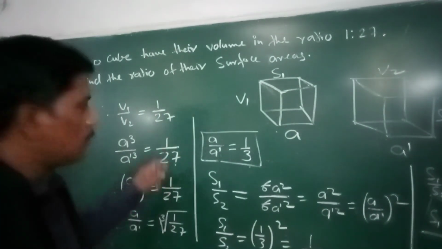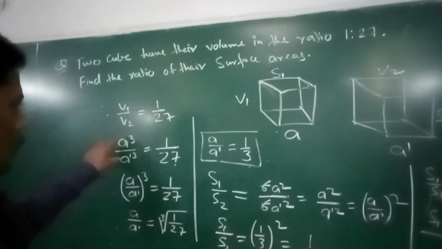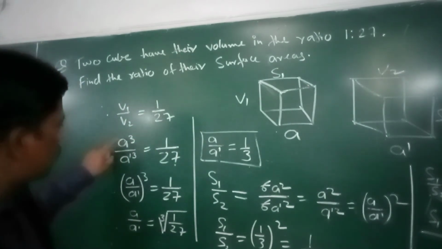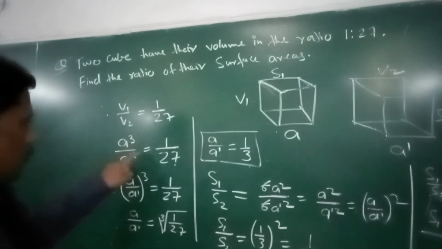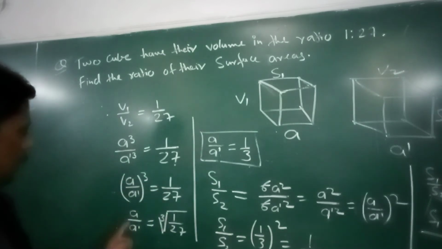V1 upon V2 is equal to 1 by 27, and the volume of a cube is equal to A cube. So A cube upon A dash cube is equal to 1 by 27, and A upon A dash whole cube is equal to 1 by 27, and we take the cube root.